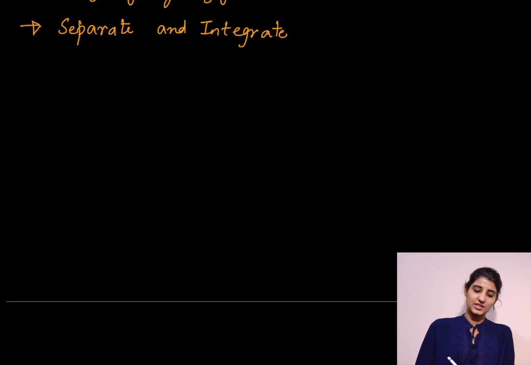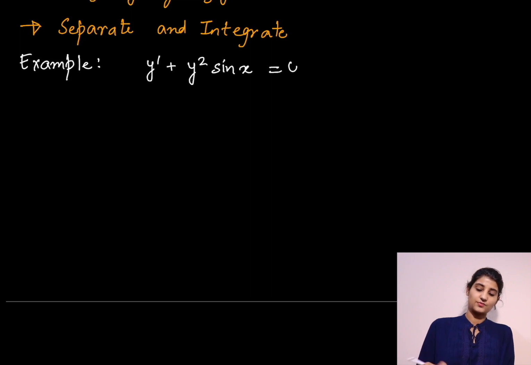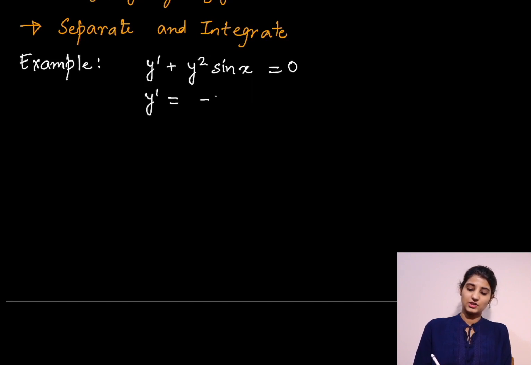So our first example: y prime plus y square sin x equal to 0. Once we look at this ODE, we try to see if it is separable or not. So we put y square sin x to the other side and we divide by y square.